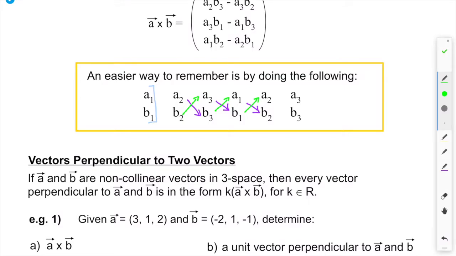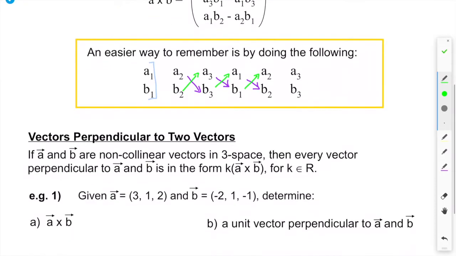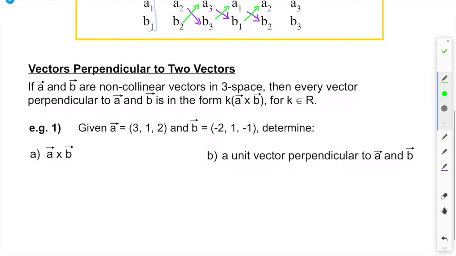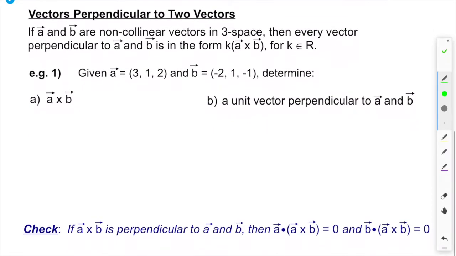But for now, this is a more foolproof way because you only have to think in one direction and remember how to multiply and then subtract, multiply and then subtract, and so on. So we say that any vector that is perpendicular to two vectors, say vectors A and B that are non-collinear, would be a scalar multiple of the cross product, K times A cross B, okay?